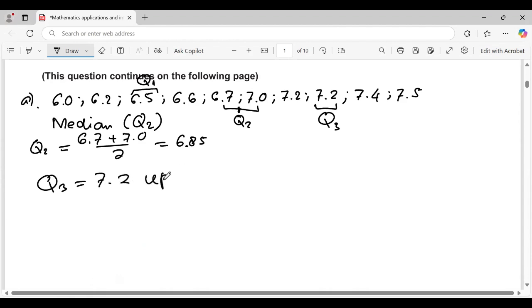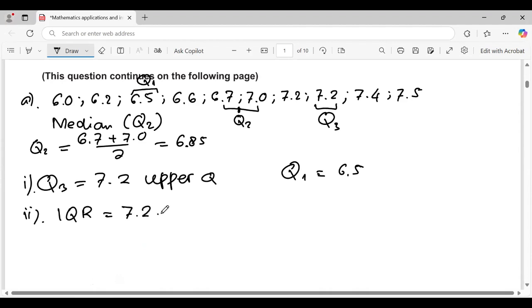This is the upper quartile. And this is the first question. The second question is the interquartile range. So we need to determine Q1, which is 6.5. So the interquartile range, or IQR, equals 7.2 minus 6.5. It is 0.7.